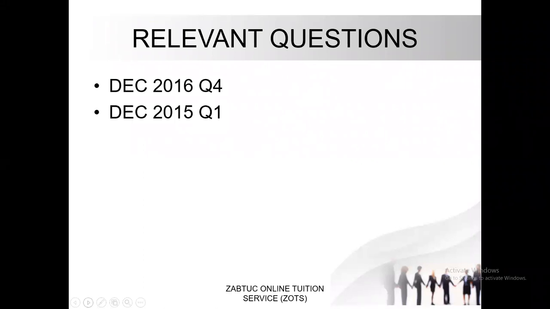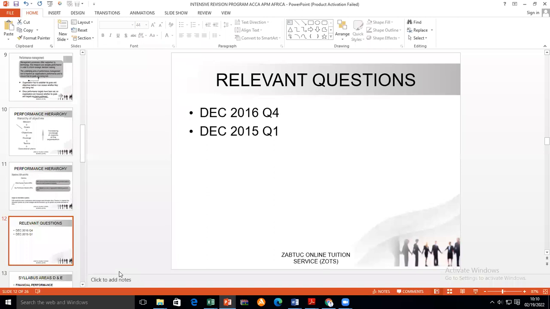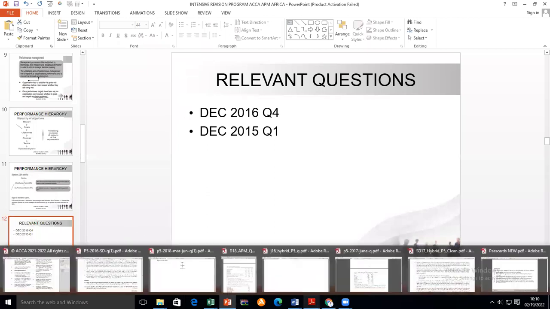It's a very nice question, which helps us to understand our role as performance managers, and helps us see the connection between these items. So let us see in this exam the connection between objectives, critical success factors, and KPIs. That's December 2016.